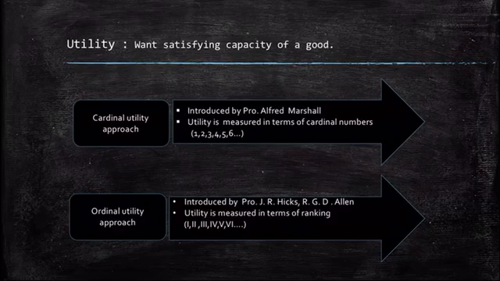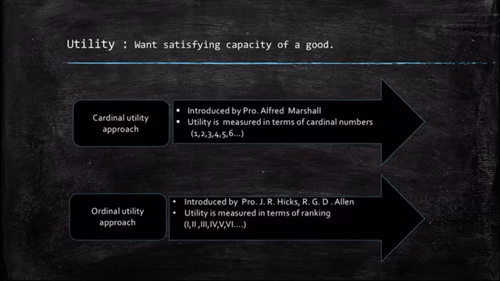According to this method, it's very easy to calculate utility in terms of quantitative numbers like 1, 2, 3 and so on. Under this method, whatever satisfaction level is received by a consumer can be put into numbers so that you can study the utility of different commodities.